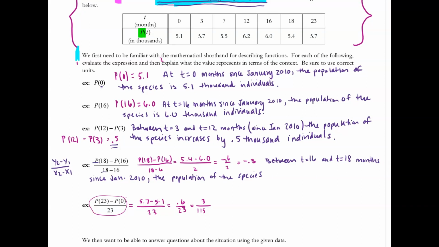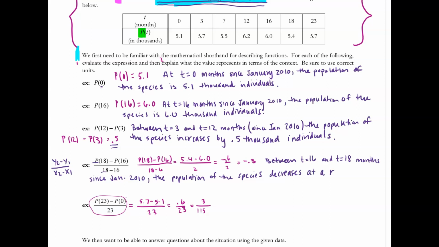We don't want to say increased because it's negative. So the population of this species, I'm going to say decreased. And the population didn't decrease by 0.3 thousand. It's decreasing at a rate. So the population of this species decreased, and I'm actually going to say decreases. The tense doesn't matter.